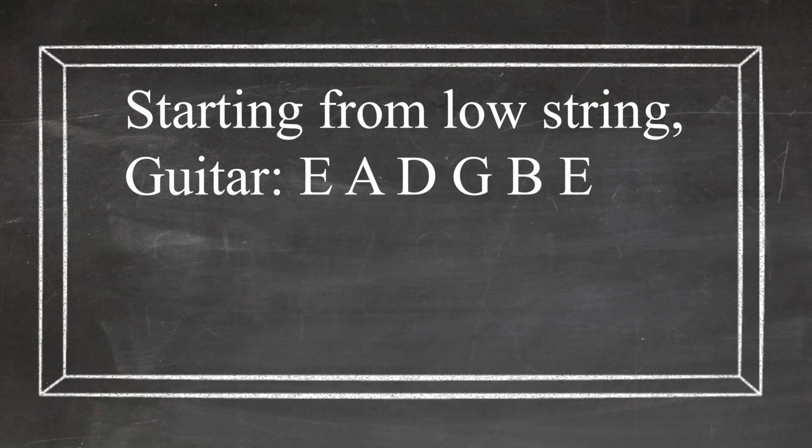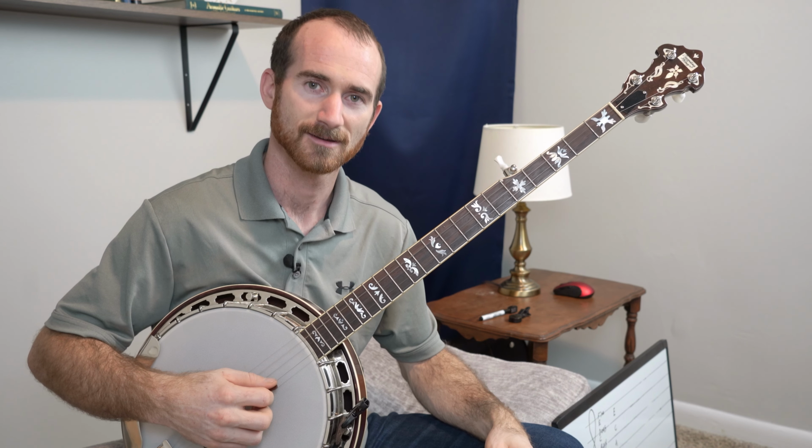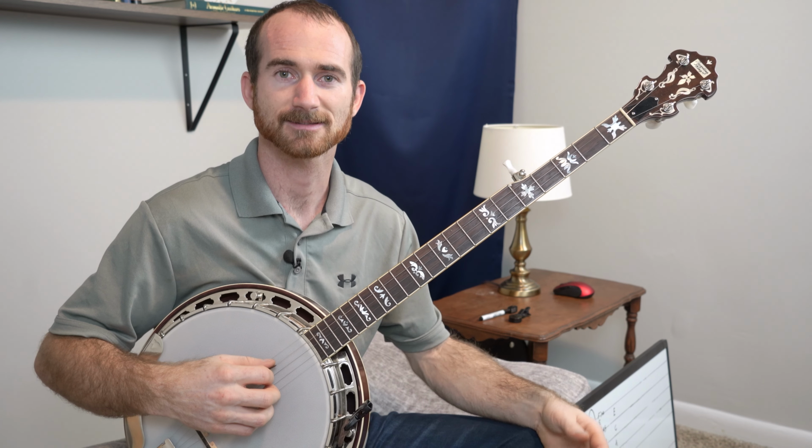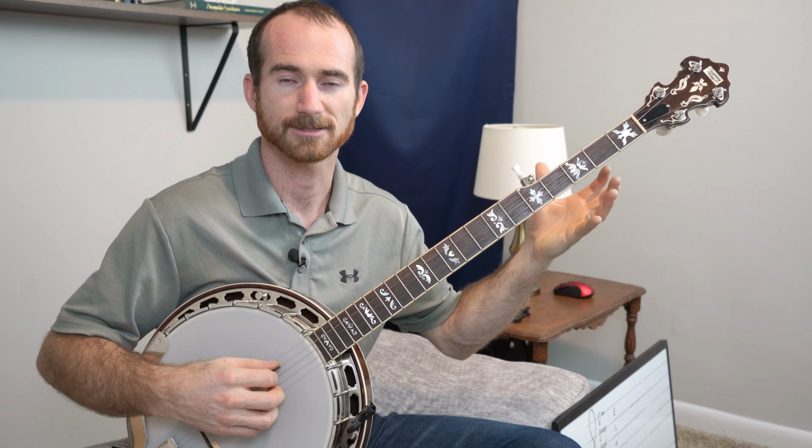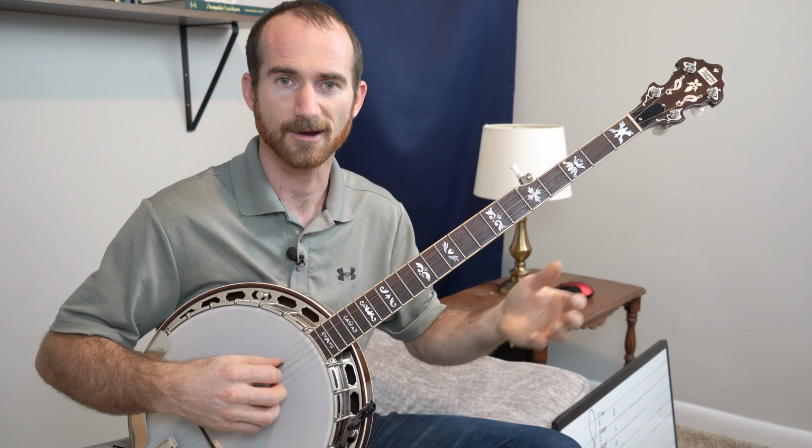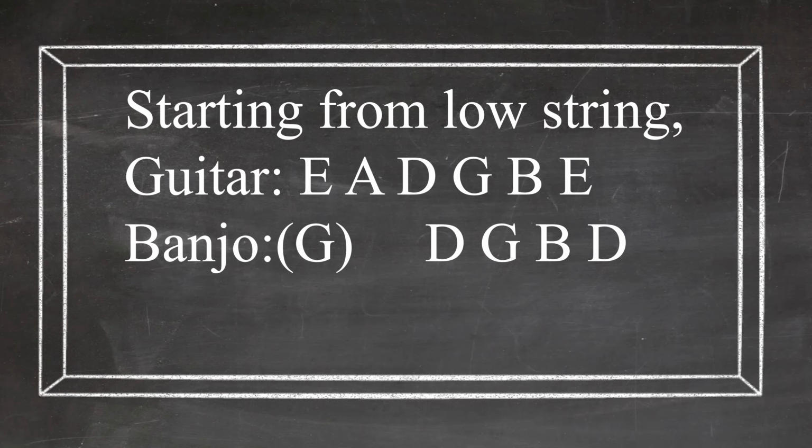Now, if you're thinking in terms of the guitar, what follows the D note? Well, a G. So, in a sense, the banjo is tuned similar to a guitar, only we're starting on a D, we're going to a G, and then on a guitar, the next one would be a B, and that's what we have on the banjo as well.